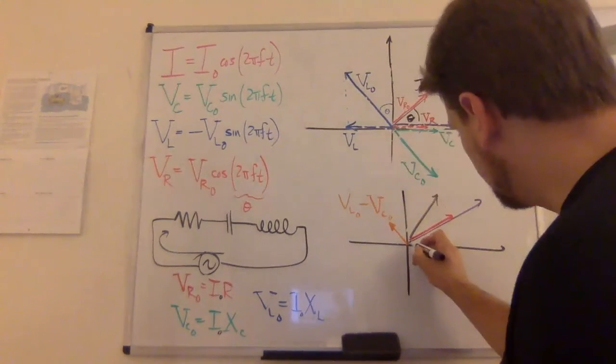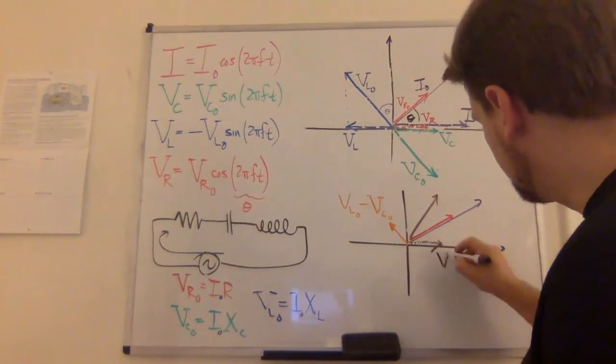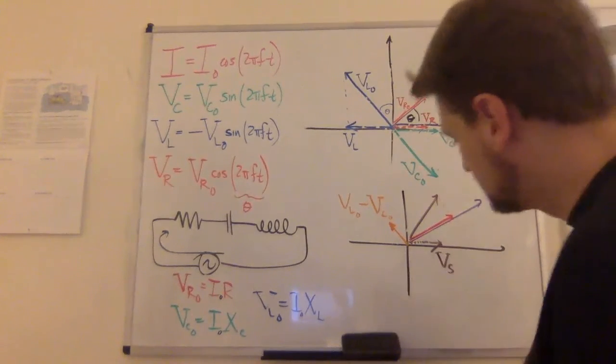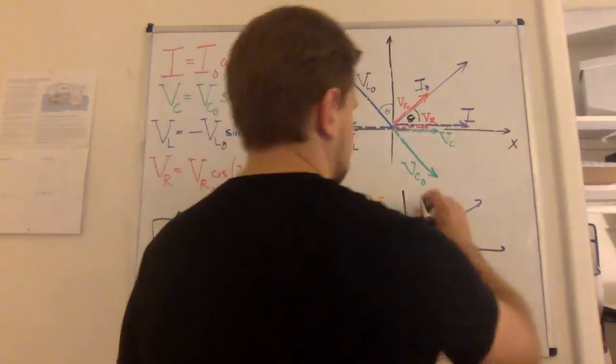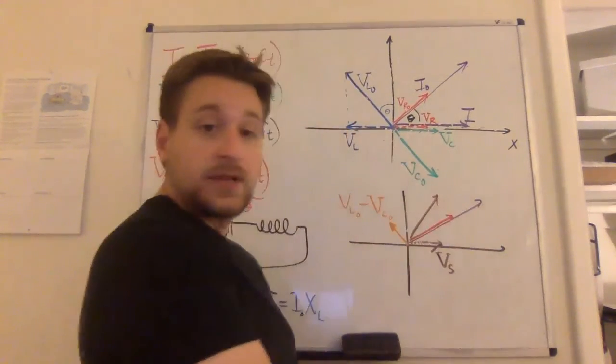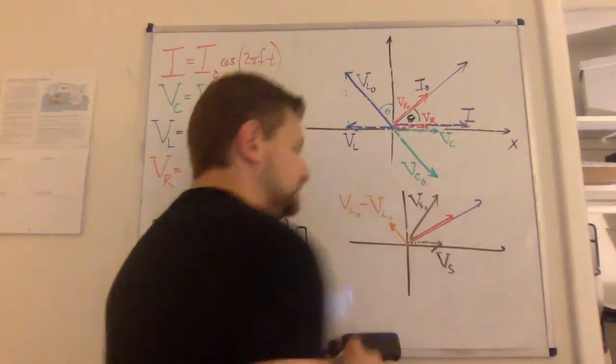And the X component here is the instantaneous voltage across the source. The amplitude of the source is the length of that hypotenuse, VS0.